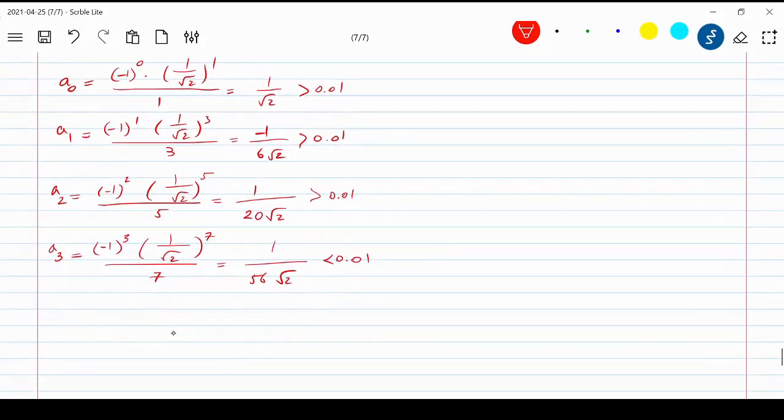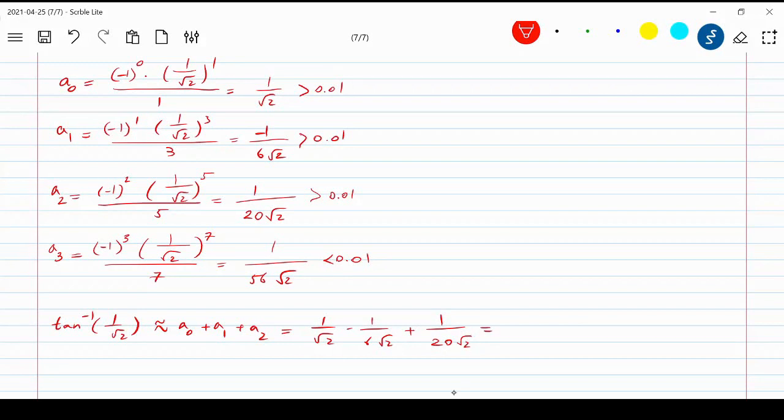So if we add up, we can say tan inverse of 1 over root 2 is almost the same as adding a0 plus a1 plus a2, which is 1 over root 2 minus 1 over 6 root 2 plus 1 over 20 root 2.